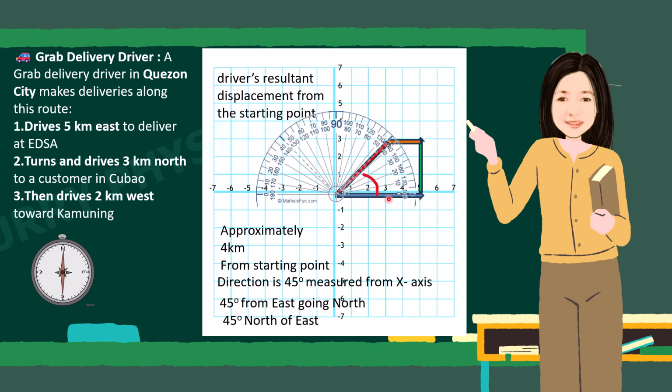The positive x-axis is east going north. So we say it is 45 degrees north of east. So the resultant displacement of the driver is approximately 4 kilometers from the starting point and 45 degrees north of east.